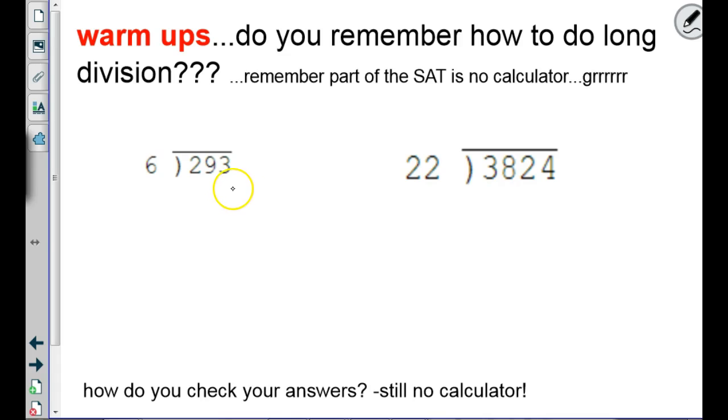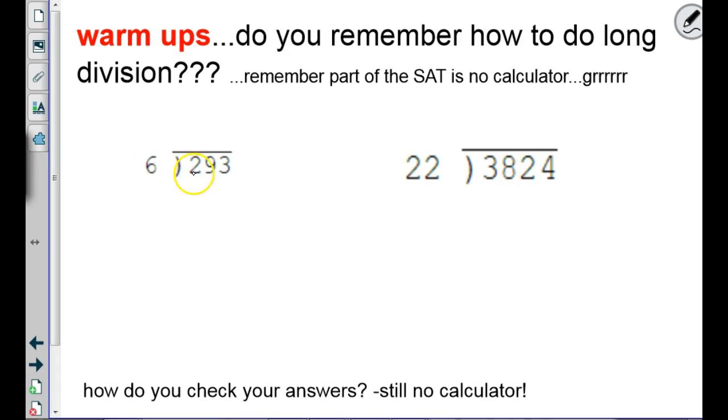Okay guys, this says, do you remember how to do long division? And I gave you a hint that you need to remember this because there are 2 parts to the SAT math. One part is no calculator, okay? Now, we're going to review this because the process is the same with polynomials.